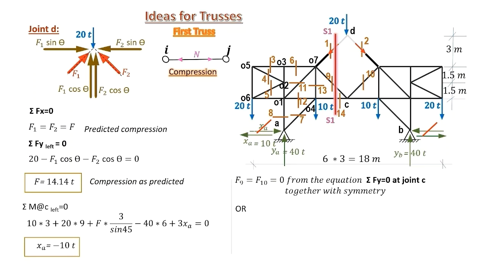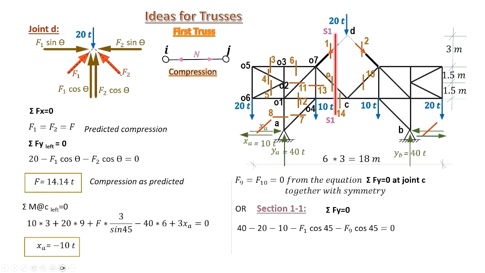Consider section S1 and take the equilibrium in the y direction for part of the truss, let us say the left part. Forces in the y direction are the green 40 tons YA, the blue 20 tons at O6, the blue 10 tons at O4, and the vertical component of force F1 heading downwards.